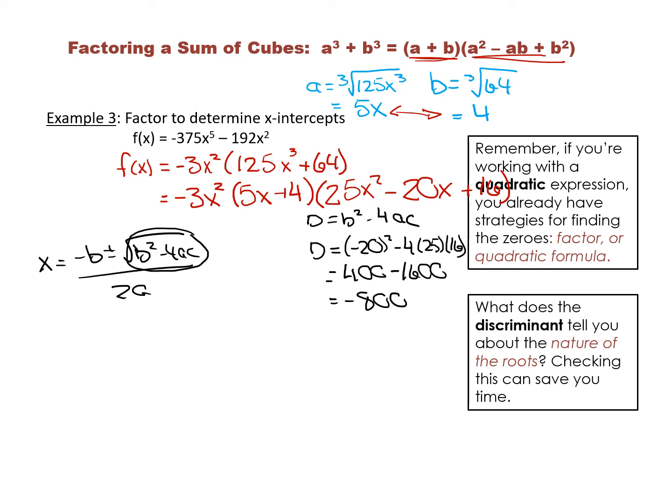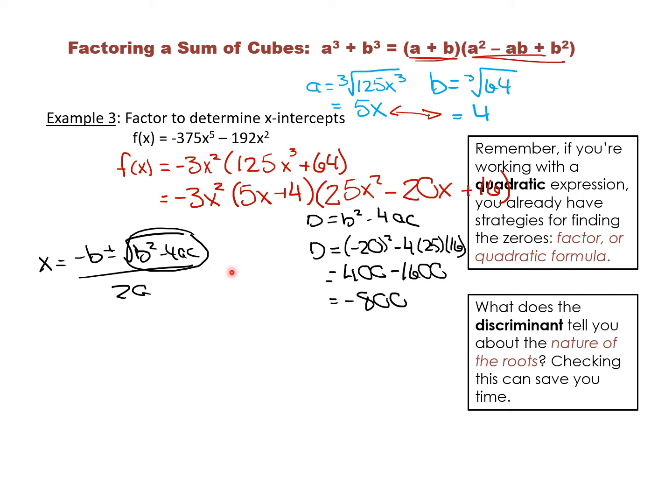So that means there's no solution. We will never be able to find any more zeros or roots for this last bracket, this last red trinomial. That's what my discriminant tells me. And I could have gone right to the quadratic formula and thought, well, I can't factor this, it's taking me too long, and tried the quadratic formula. As soon as I got to this piece, I would see that I can't go any further.